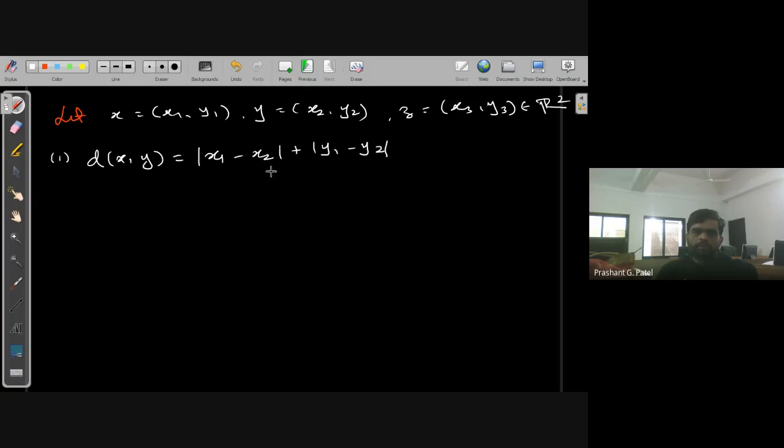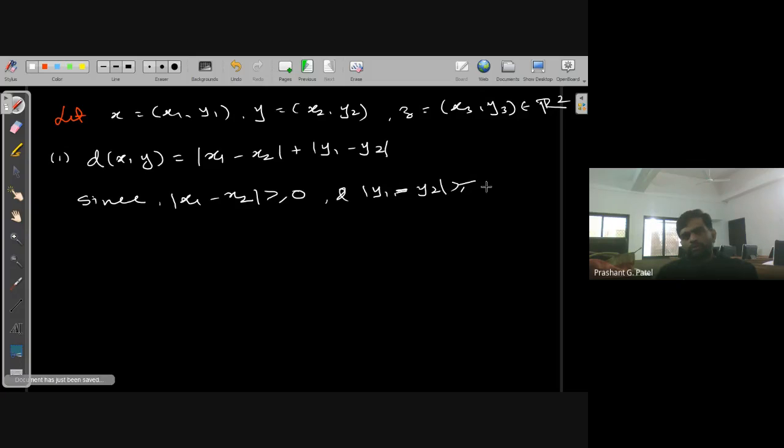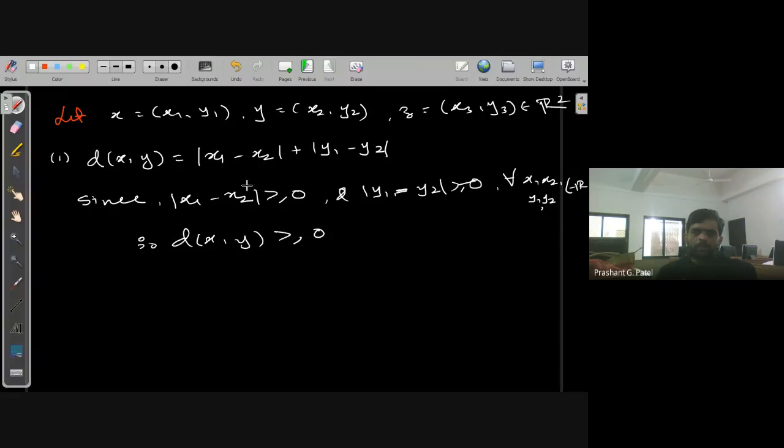Since mod of x1 minus x2 is always greater than or equal to 0, and mod of y1 minus y2 is also greater than or equal to 0 for any real numbers x1, x2, y1, y2, we always have this. So that's why d of xy is greater than or equal to 0. The sum of two non-negative numbers is always greater than or equal to 0.